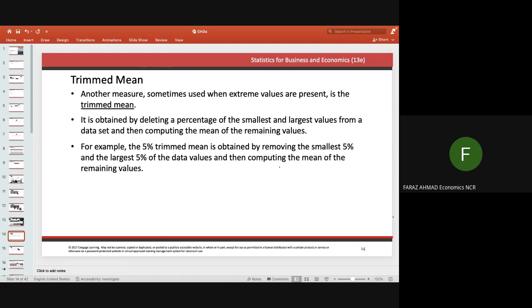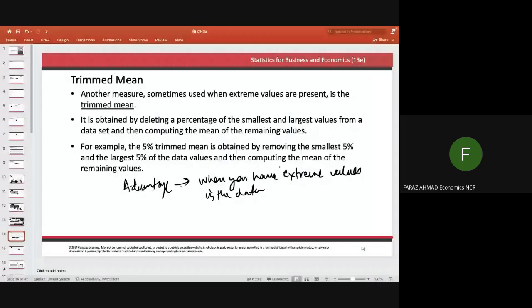And what is the advantage of trimmed mean? The advantage is that when you have extreme values in the data, you don't want your mean to be affected by extreme values, so let us remove them.